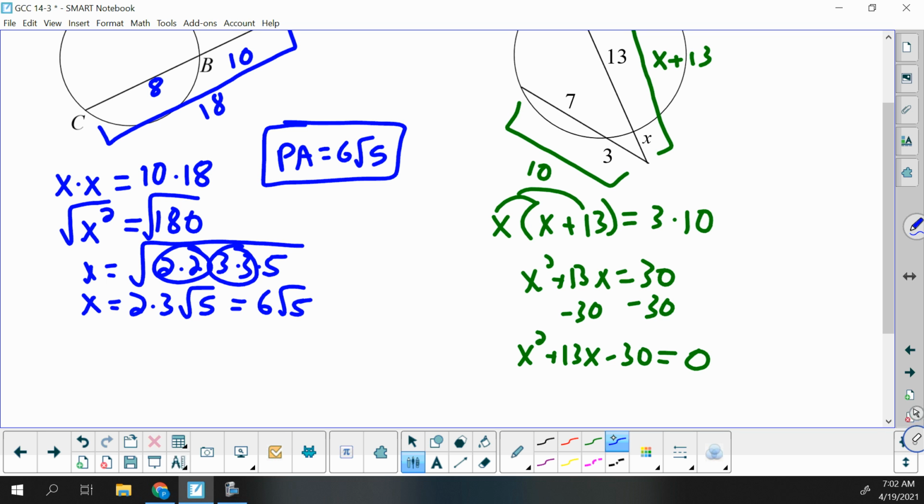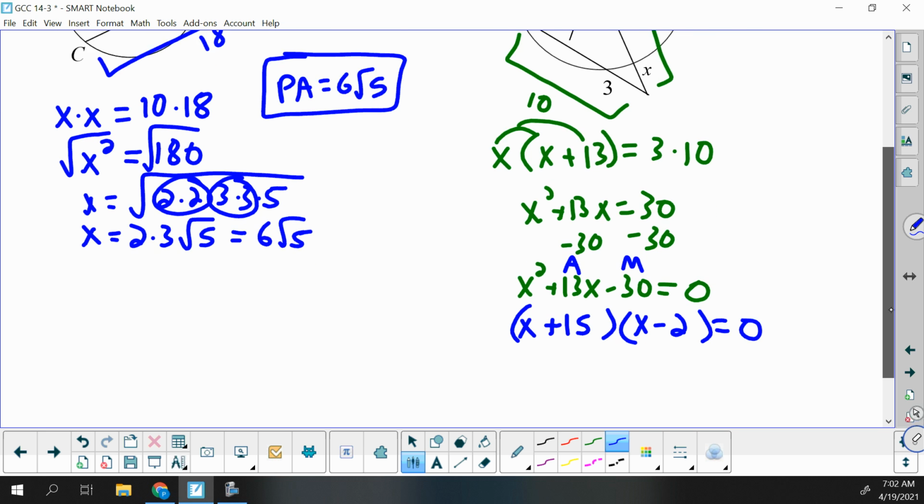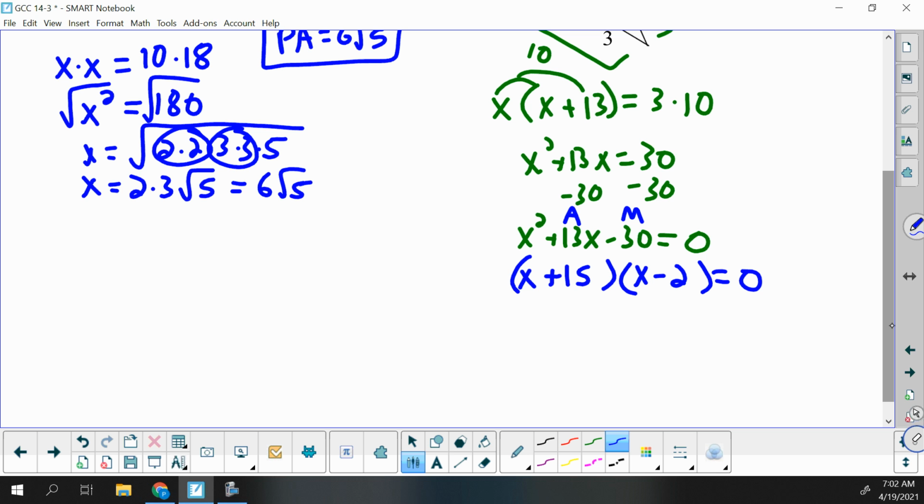When we factor this, our goal is to add to 13 and multiply to negative 30. So we've got to think about two numbers that will do that. And that'll be a positive 15 and a negative 2. Because 15 times negative 2 is negative 30, and 15 plus a negative 2 would give us positive 13.